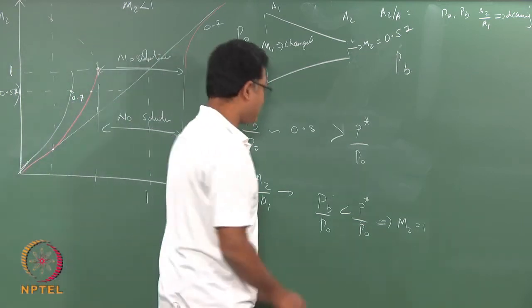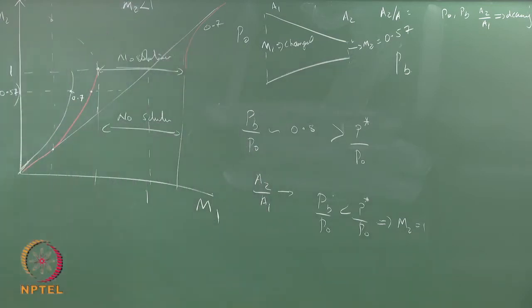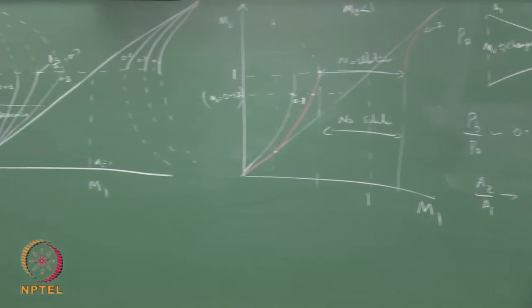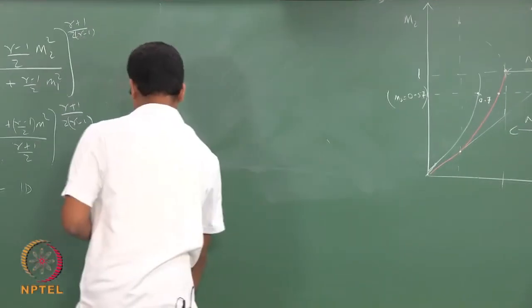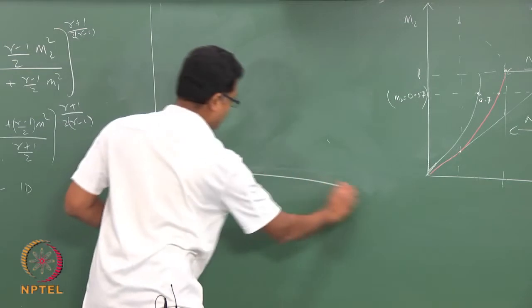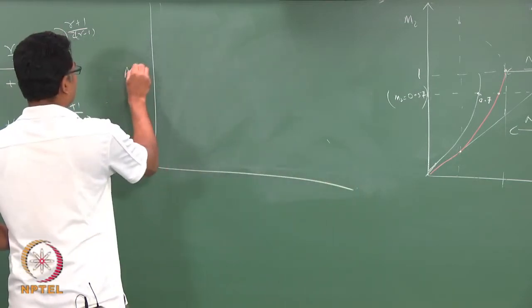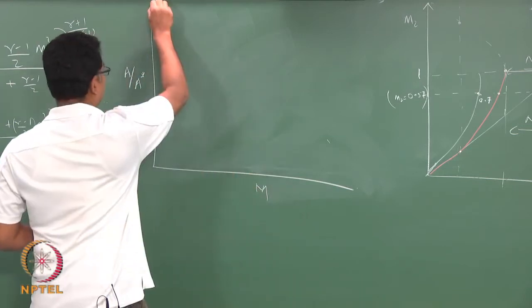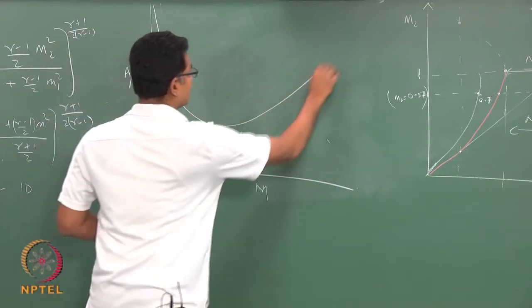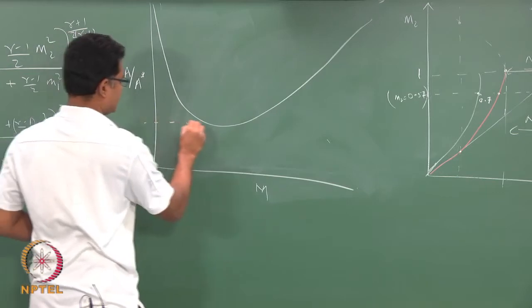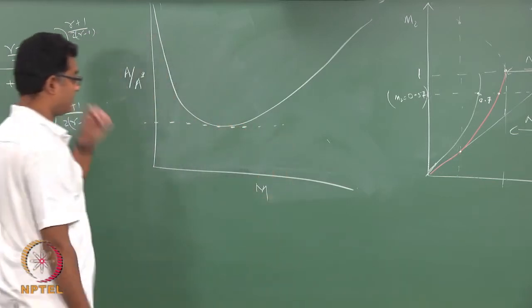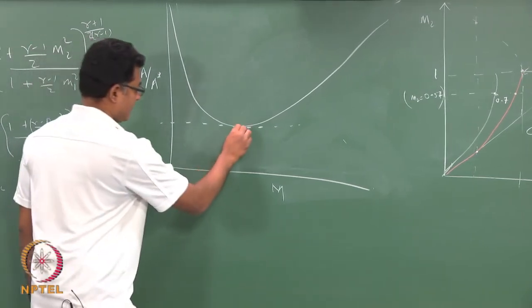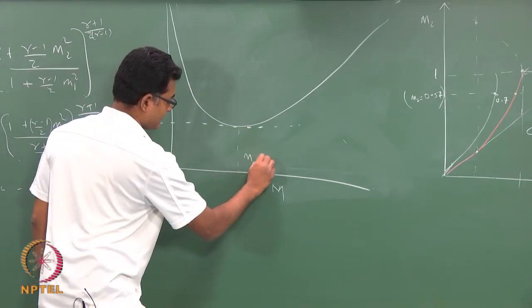Now, if you look at this particular case where my A by A star, I will rub this plot. I always have some curve like this, which gives me 1 here.